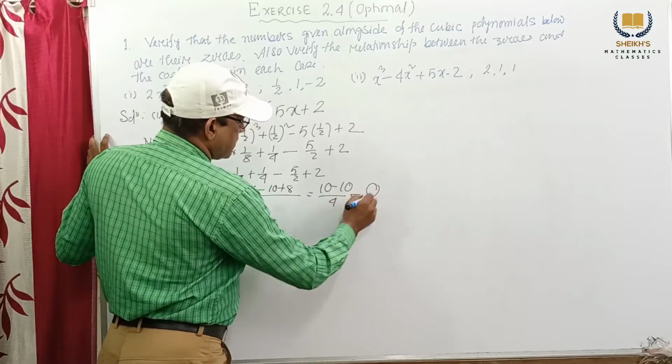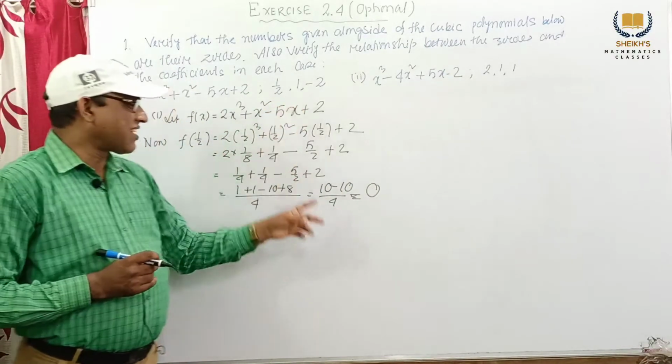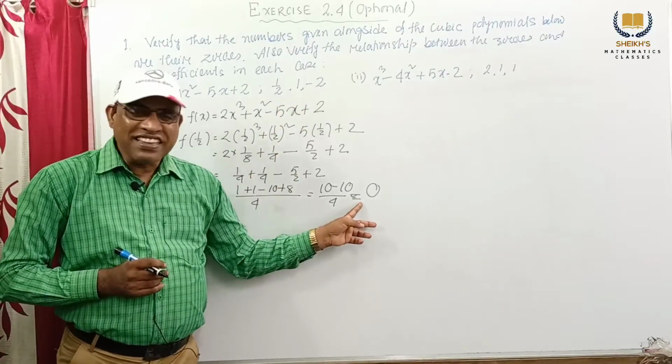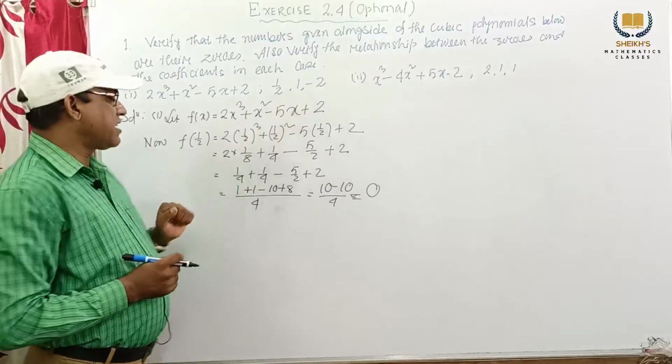This will be 0. So what we get? First value we put, the answer we get is 0. So clearly this is a zero of the polynomial. Again, consider the next value.